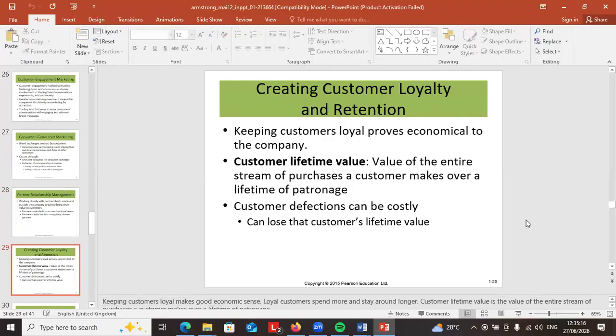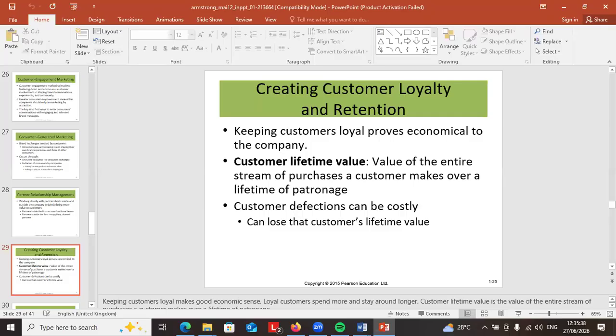So this brings us to how we can create customer loyalty and retention. Of course, keeping customers loyal makes good economic sense. Fact. This is because loyal customers spend more and stay around longer.